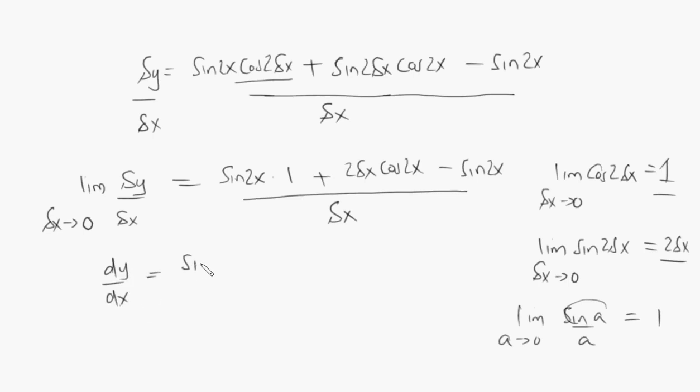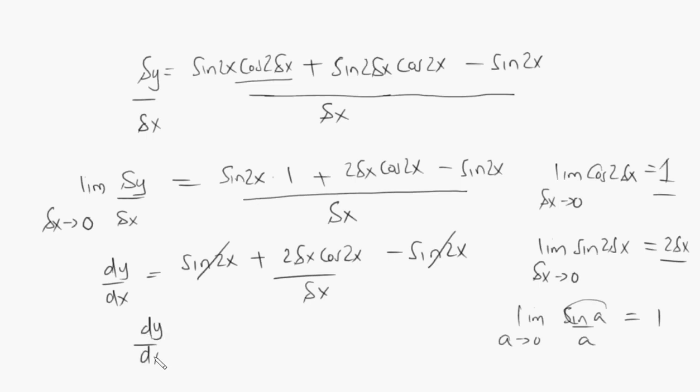This will be equal to sin of 2x, because this times 1 is that one, plus 2 delta x cos 2x minus sin of 2x over delta x. So I know by subtracting this one, it goes away.